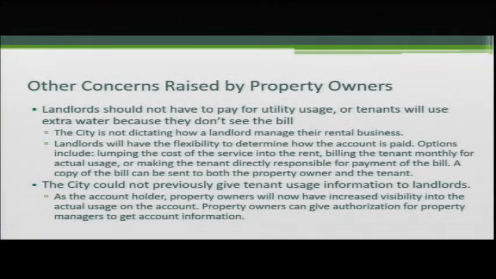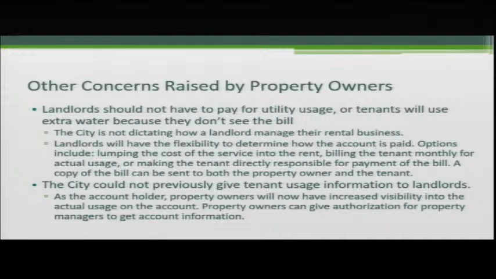There are some other concerns that were raised by property owners. I know last meeting we had some property owners here that were very concerned that there's no checks on it, that the tenants can just use as much as they want, and we've got no way to control that. The landlord doesn't have to pay the bill.